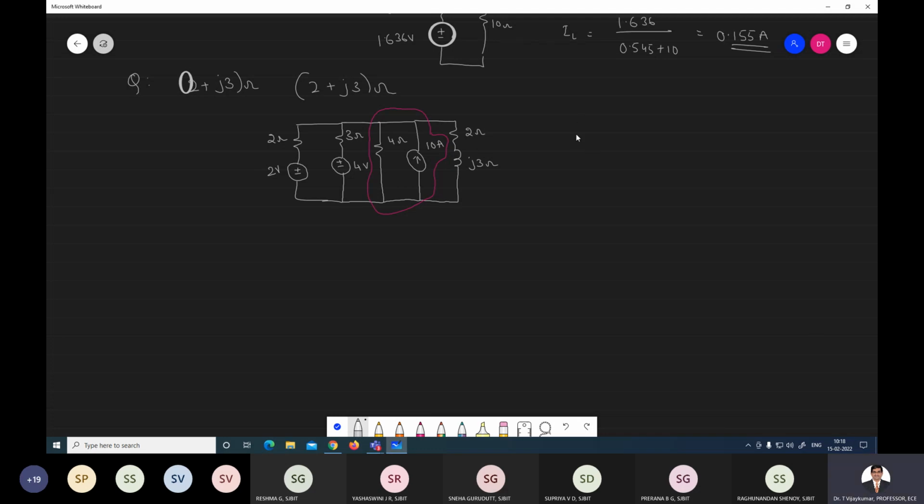After converting the current source into a voltage source, we can write it like this: positive, negative, and here also positive, negative, and this is the load. So here it is 2 volt and 2 ohm, 3 ohm, 4 volt, and 4 ohm.